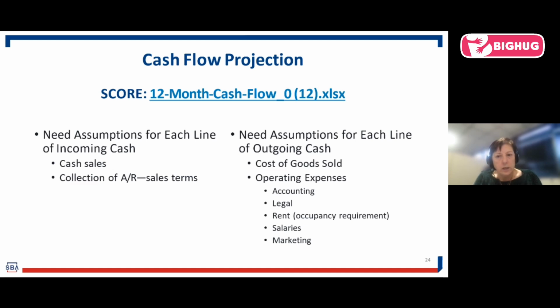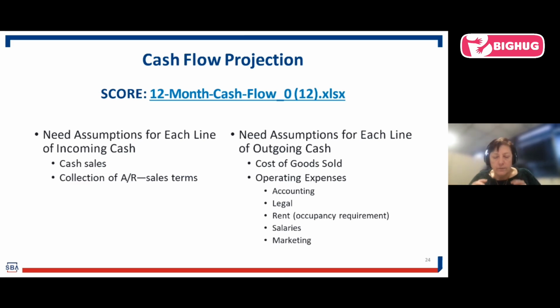And again, the key components here are when you're talking about your revenue coming in, your cash coming in, you want to talk about your cash sales, you want to talk about your collection of your accounts receivable, what terms you're giving your clients. Is it net 30, net 60, net 90? Because that anticipates when you're generating your revenue, when your cash will actually come in, okay?